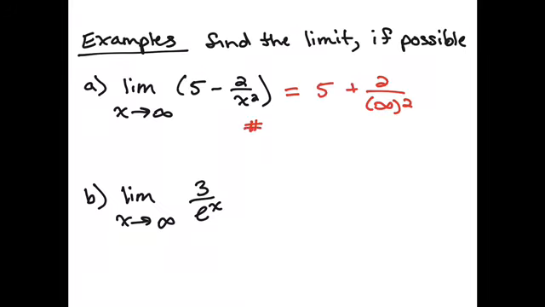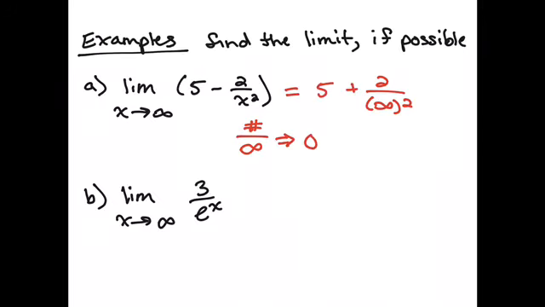When you get a number over infinity or negative infinity, we're going to say that's 0. Okay, so a number over 0, we get positive or negative infinity. But a number over positive or negative infinity, we get 0.